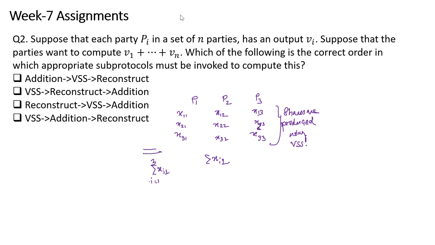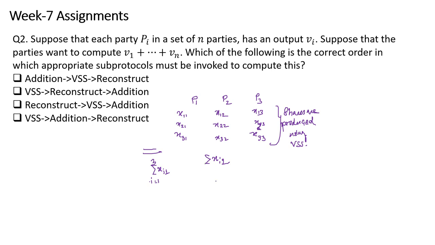Okay, so we were talking about that first we need to perform the VSS, and then we have to perform the partial computation, that is, the computation is addition here.